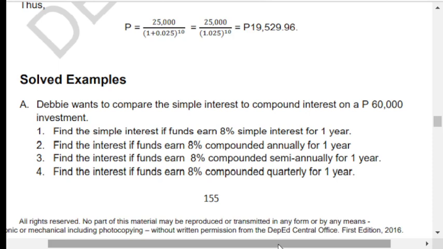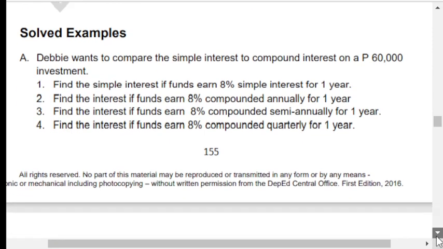Second, find the interest if funds earn 8% compounded annually for 1 year. Then, find the interest if funds earn 8% compounded semi-annually for 1 year. Then, find the interest if funds earn 8% compounded quarterly for 1 year.